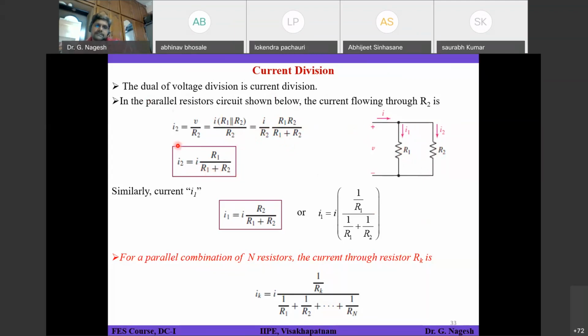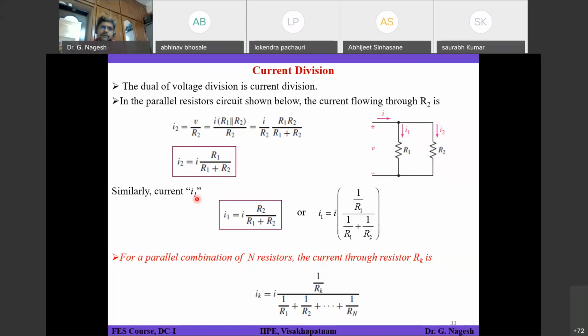So what it means is the current flowing through one particular branch is equal to total current into opposite resistance divided by the sum of resistances. If I want to find I2, I2 is equal to total current into opposite resistance, which is R1, divided by R1 plus R2. That will give you current I2 straight away if you have only two resistors in parallel.